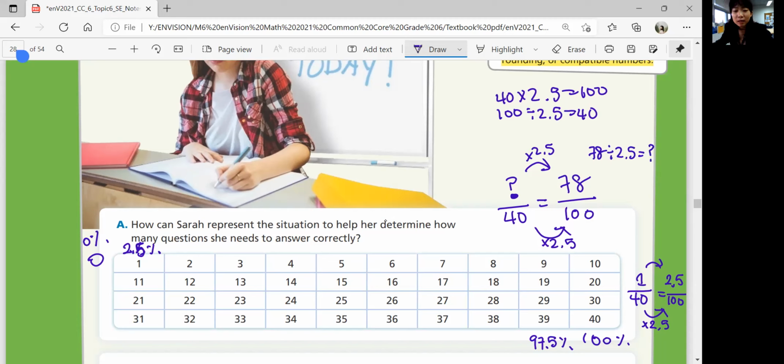So 78 divided by 2.5, you can use long division. And you can divide 780 by 25. And so you have 3 25s to get 75. 8 minus 5 is 3. You have 125 and 30.